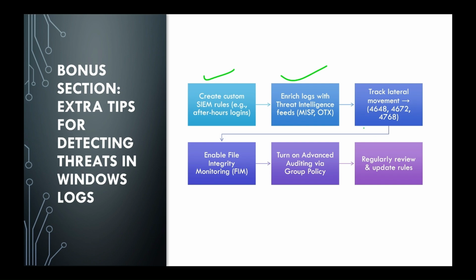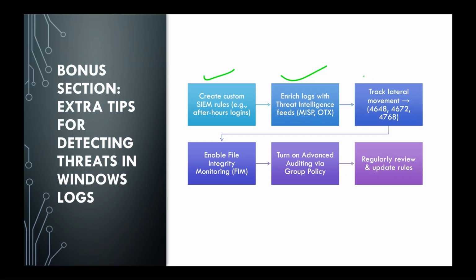So you can cross-reference these IOCs with your Windows logs to find evidence of ongoing or past attacks. For example, you can check if any of your Windows event logs, like event ID 5140, the network share access, show access from known malicious IP addresses.